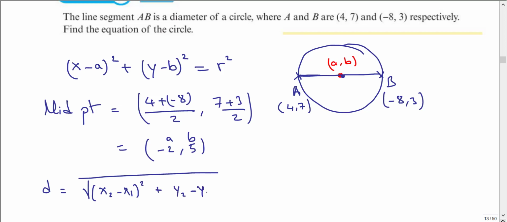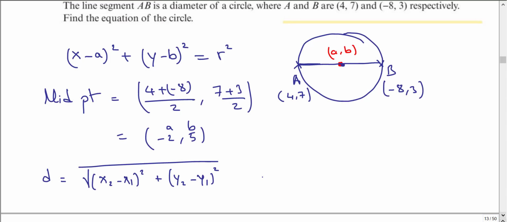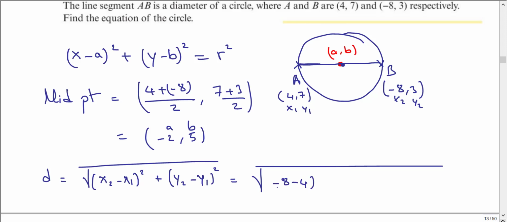This is x1, y1. This is x2, y2. Substitute. So it's (negative 8 minus 4) all power 2 plus (3 minus 7) all power 2.